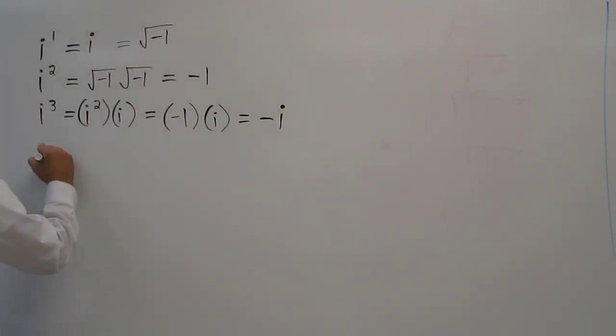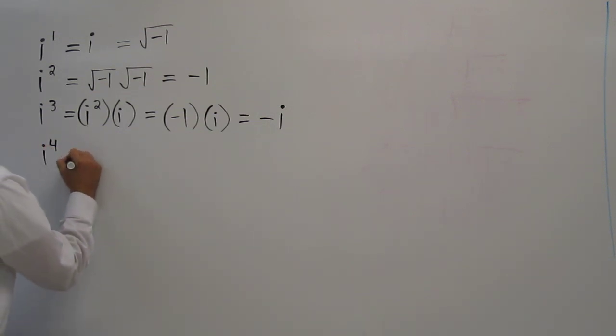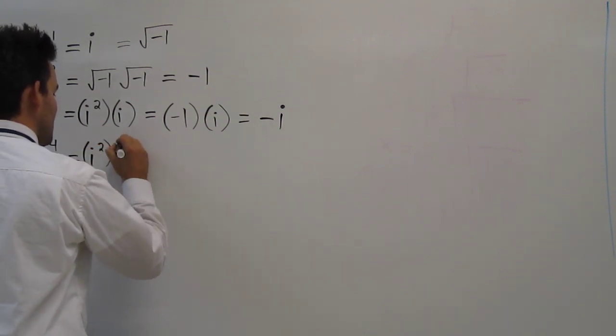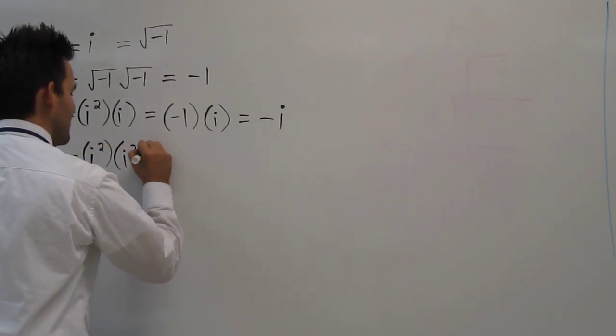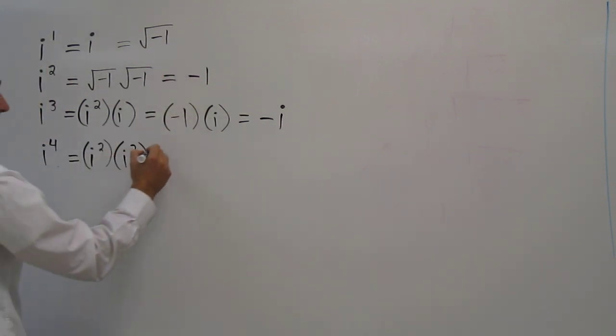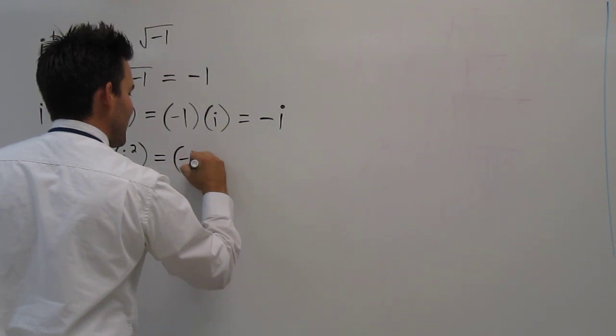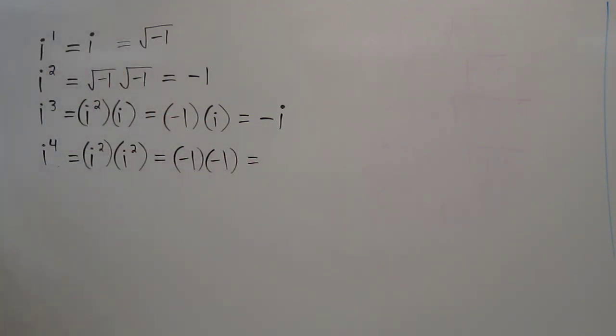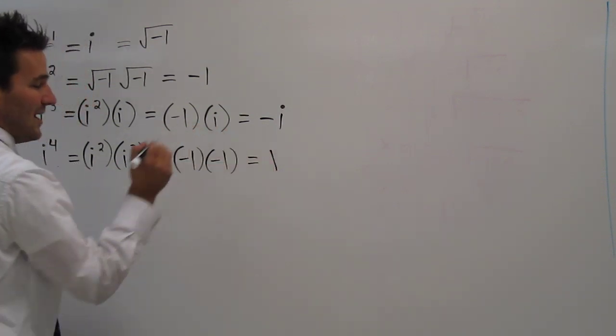What about i to the fourth? Well, we can rewrite i to the fourth as i squared times i squared. Each of these i squareds is a negative 1, so we get negative 1 times negative 1. And negative 1 times negative 1 is simply 1.